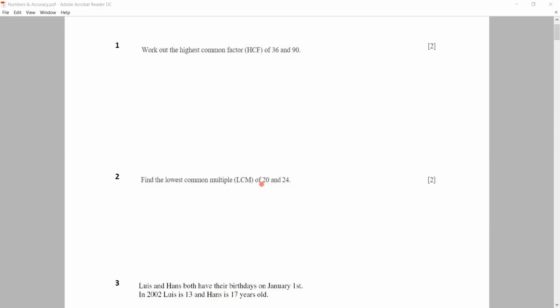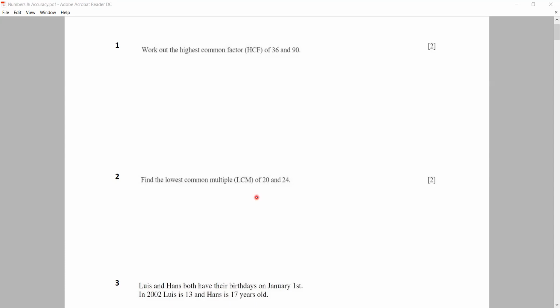And then finding HCF, LCM, doing some estimations, and then we move on to accuracy, rounding numbers up to a certain level of accuracy. And lastly, we will look at some boundary questions, how to find the upper and lower bound of a quantity.